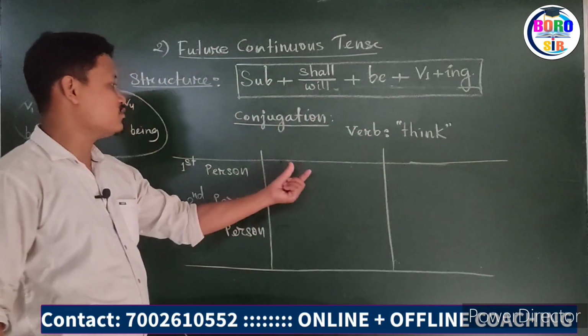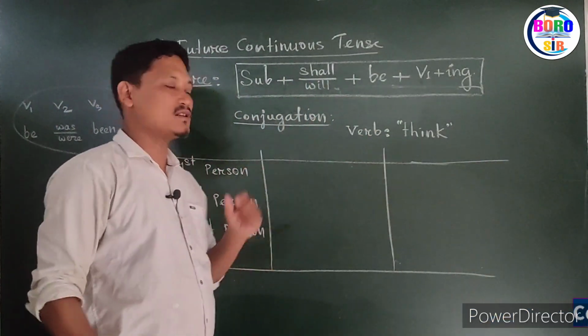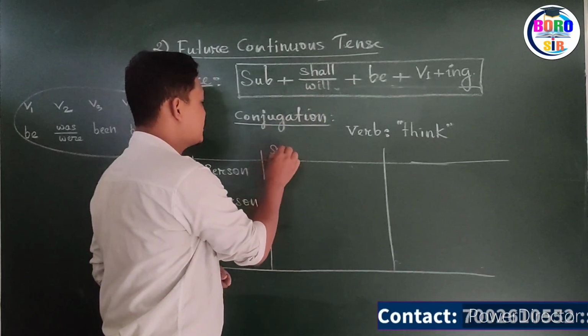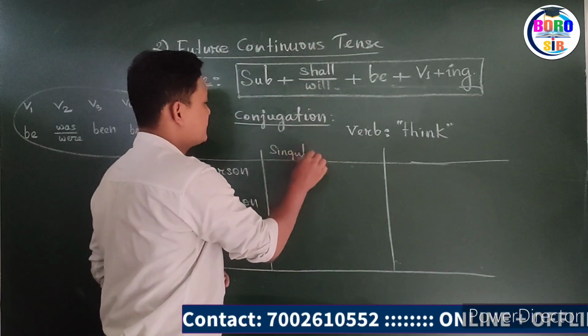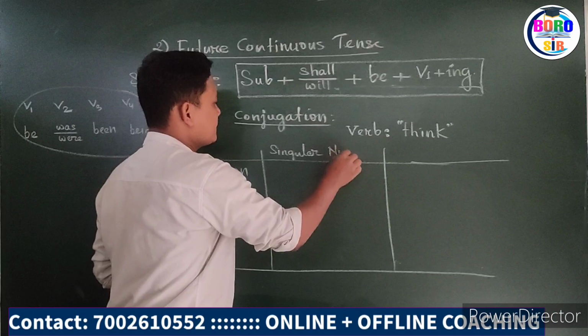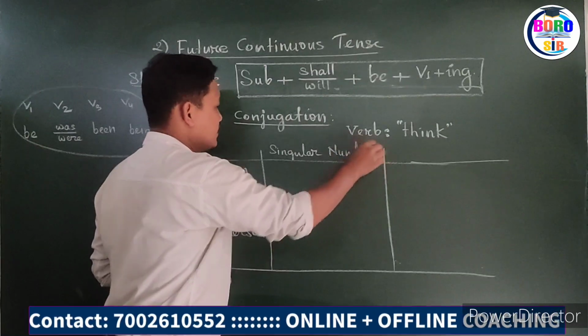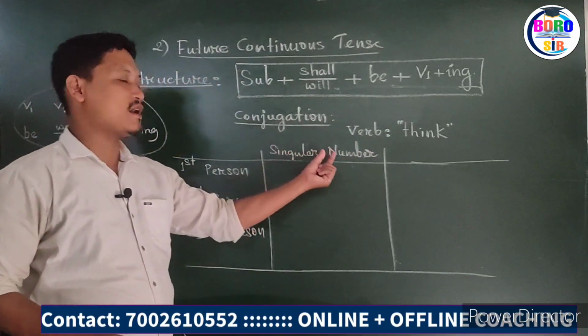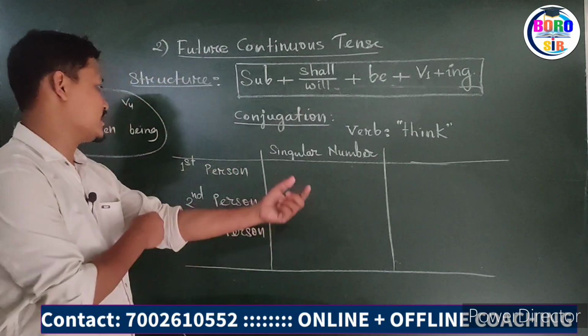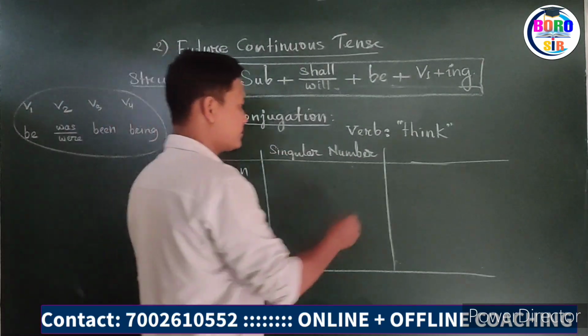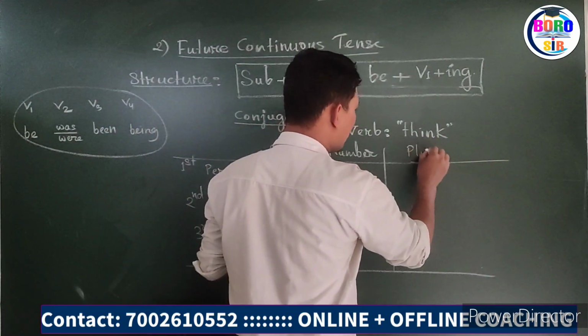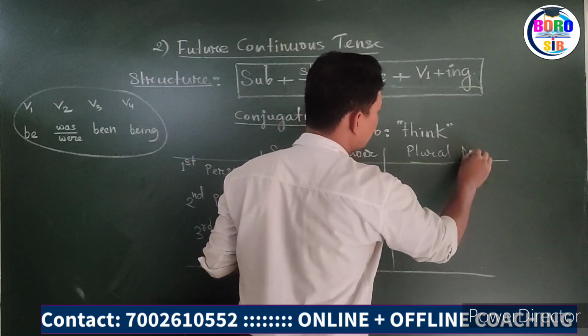So there will be two more columns. The first column will be for singular number. The singular number refers to only a single person. Here it will be plural number.